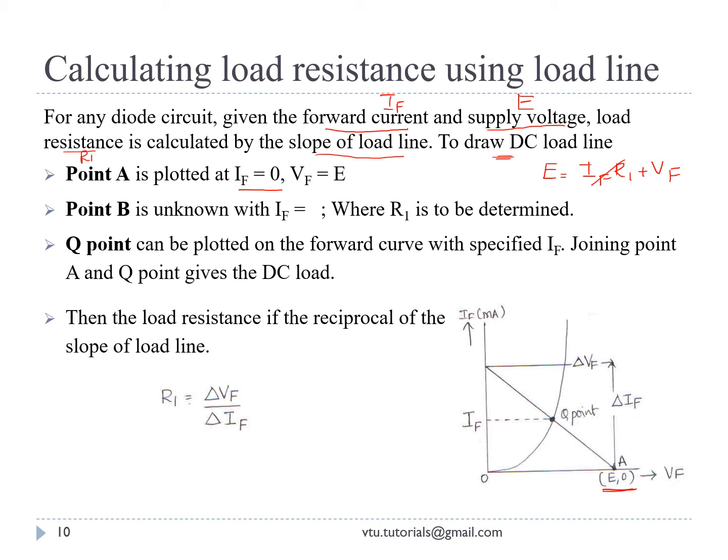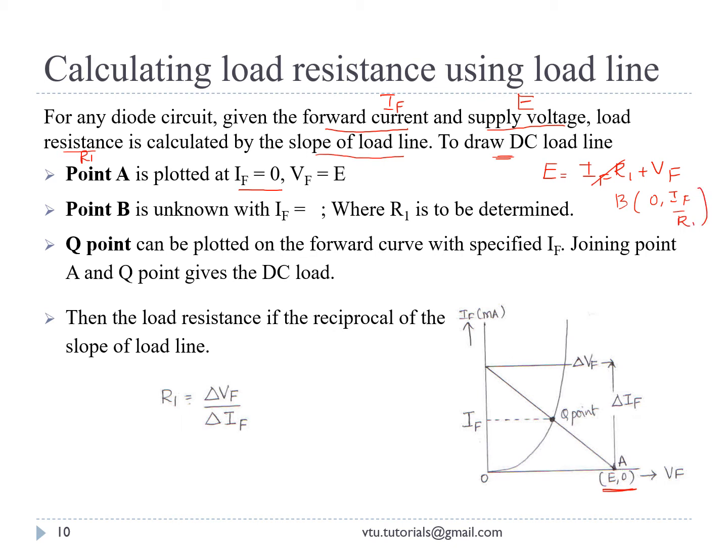Next, to determine the point B, earlier we have seen that for point B, it is 0 comma IF by R1.